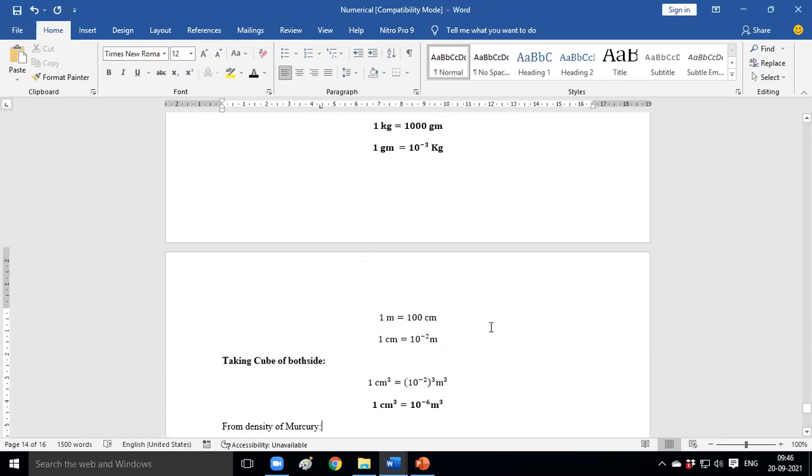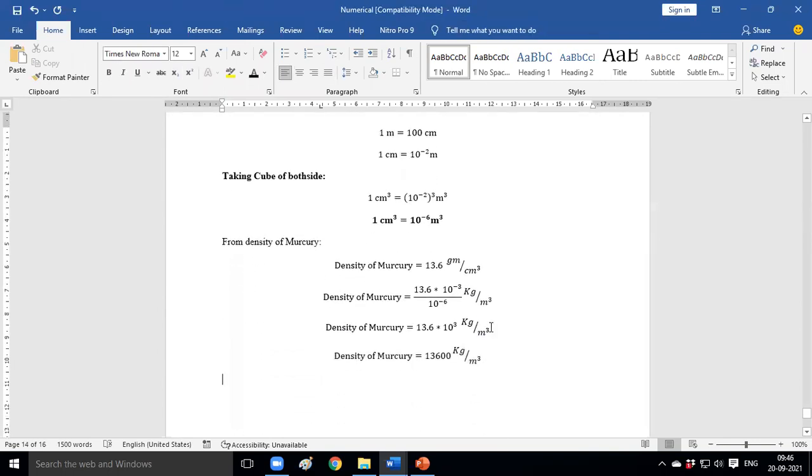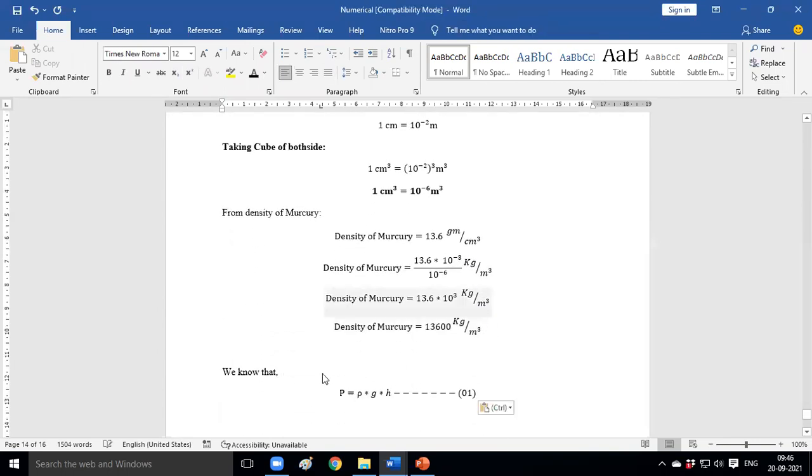We know that the pressure P is equal to rho g h. We need to put the values in equation number 1. Tell me the values.